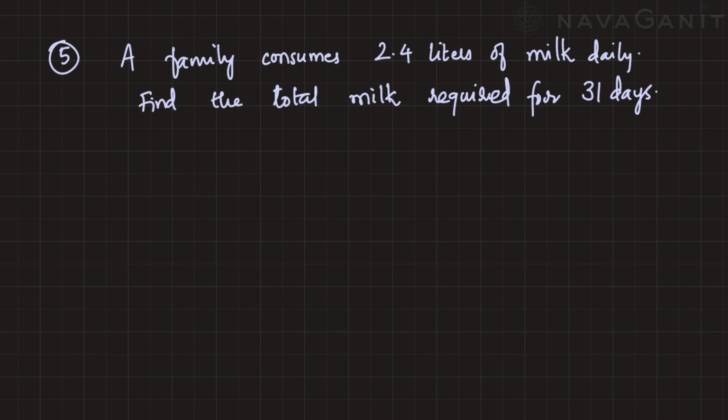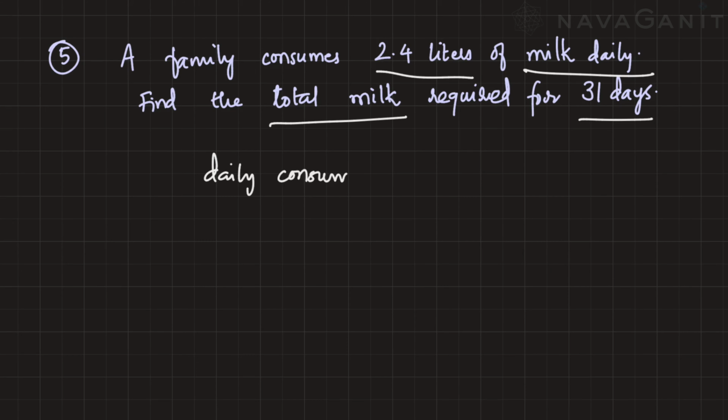Next we have this problem. A family consumes 2.4 liters of milk daily. We need to find the total milk that is required for 31 days. So first of all, the daily consumption, that is the quantity of milk consumed in a single day, is 2.4 liters.